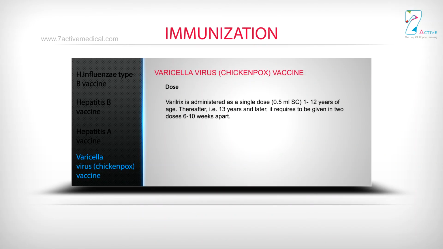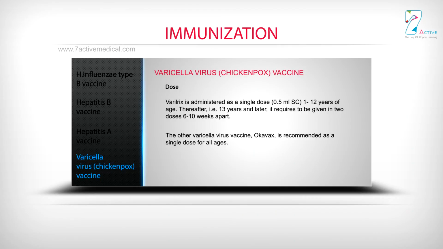Dose: Varilrix is administered as a single dose, 0.5 milliliter SC, 1 to 12 years of age. Thereafter, that is, 13 years and later, it requires to be given in 2 doses, 6 to 10 weeks apart. The other varicella virus vaccine, Okavax, is recommended as a single dose for all ages.